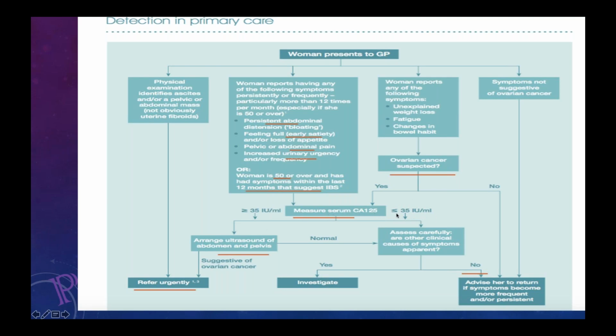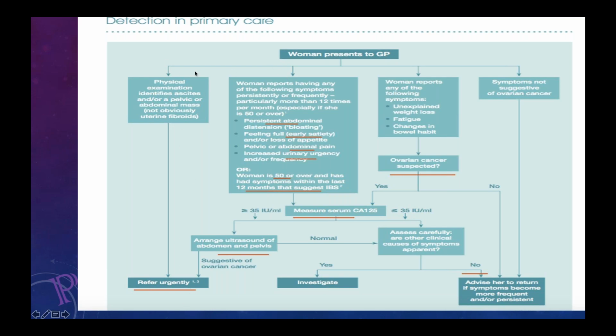If the value comes less, then the GP will think there could be another possibility, or the patient will be referred back. Apart from this, if any of these symptoms, unexplained weight loss, fatigue, change in habit, ovarian cancer is suspected, then measure CA 125. These are the conditions where urgent referral is done.